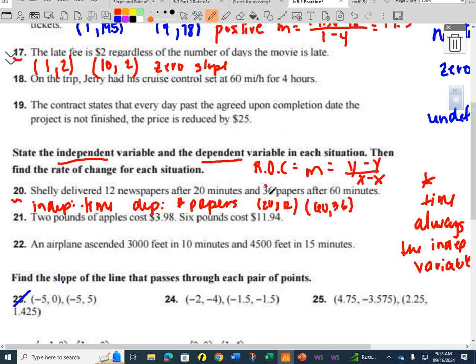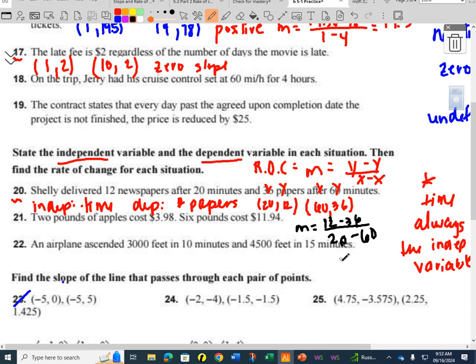So now we know that this is an X, this is a Y. This is an X, this is a Y. So now we can plug in for our formula. M equals Y minus Y, so 12 minus 36 divided by 20 minus 60. The order doesn't matter.